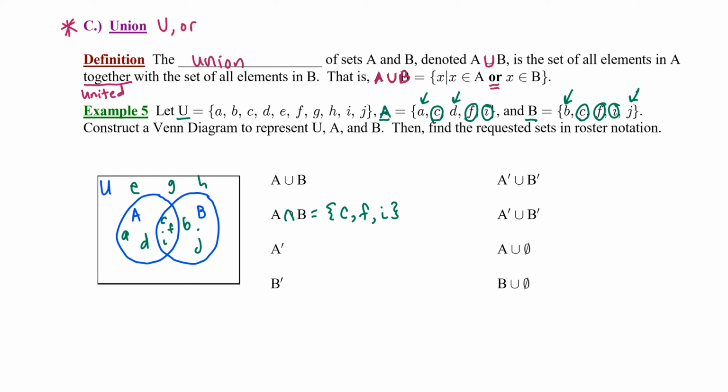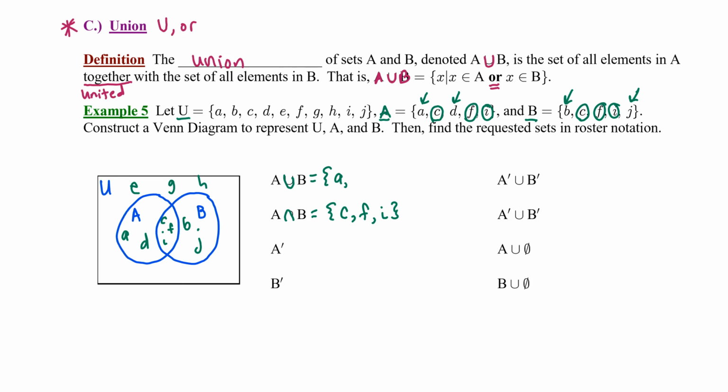Once you have your Venn diagram organized, then it's pretty simple to do the operations on the sets. Let's do our first example, A union B. We're dealing with union, so I'm going to unite the two sets like I'm uniting two classes together. I'm going to put everything in A together with everything in B and just list one big set. And I'm going to try to do it in alphabetical order.